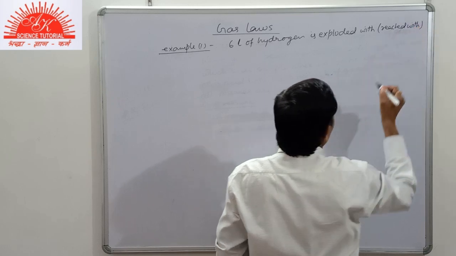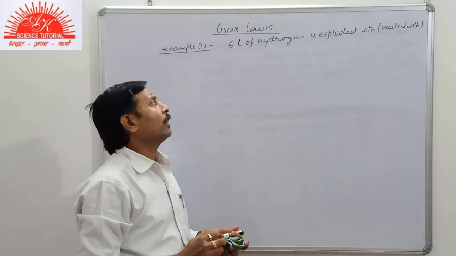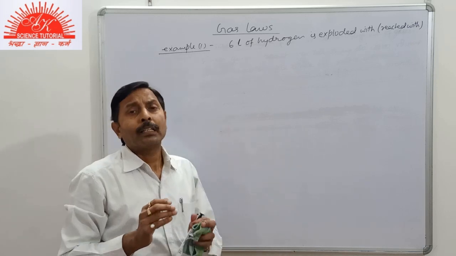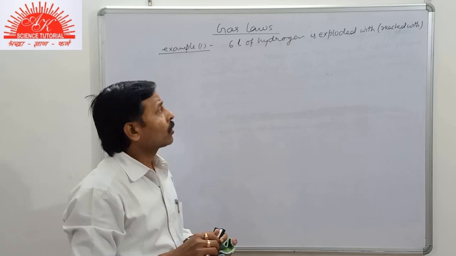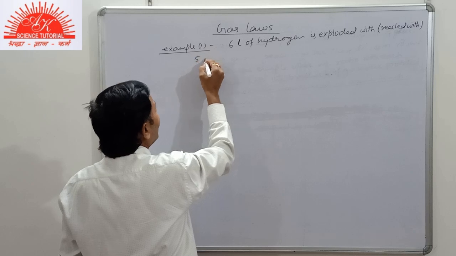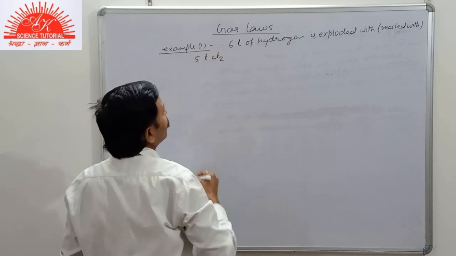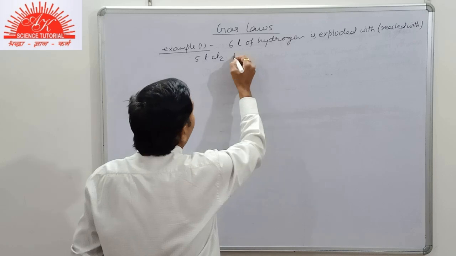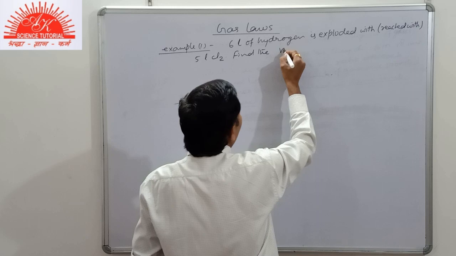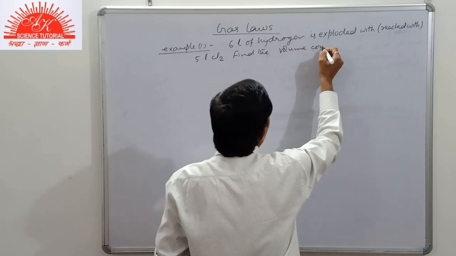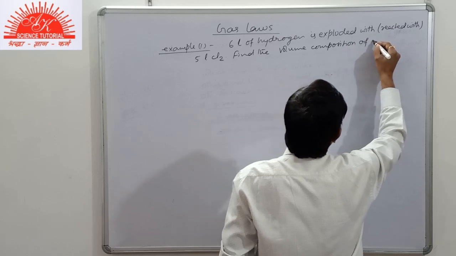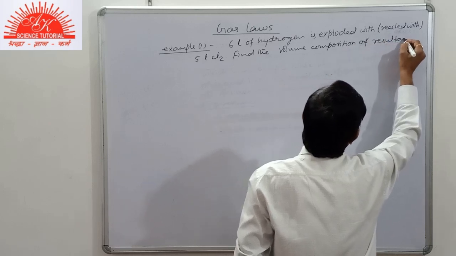In normal conditions, gases are reacted in a closed vessel, a closed cylinder. So they are exploded or reacted with 5 liters of chlorine. Now find the volume composition of the resultant mixture.